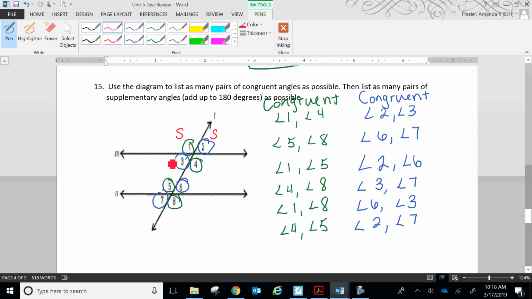I also know angle 3 would add up to angle 1. So this is all with angle 1. I also know angle 7 would go with angle 1, and angle 6 would go with angle 1. So what you're noticing is since angle 1 is an obtuse angle, all of my acute angles would go with that obtuse angle.